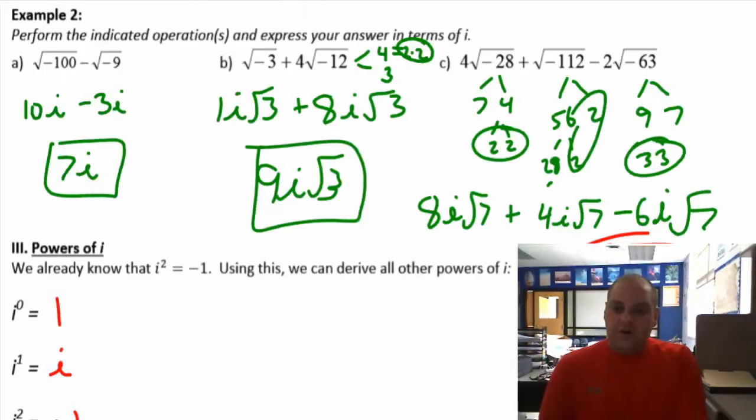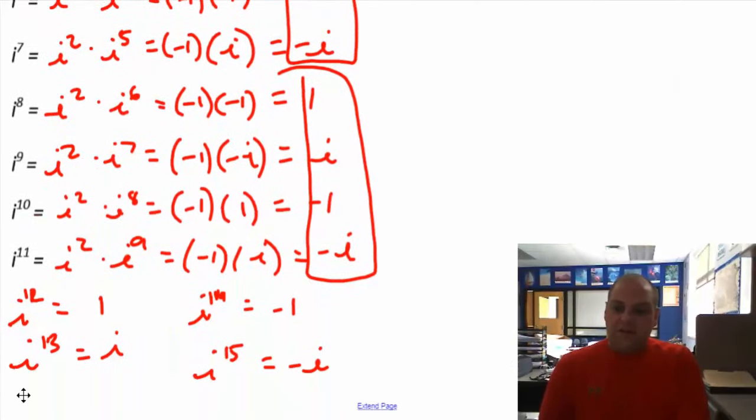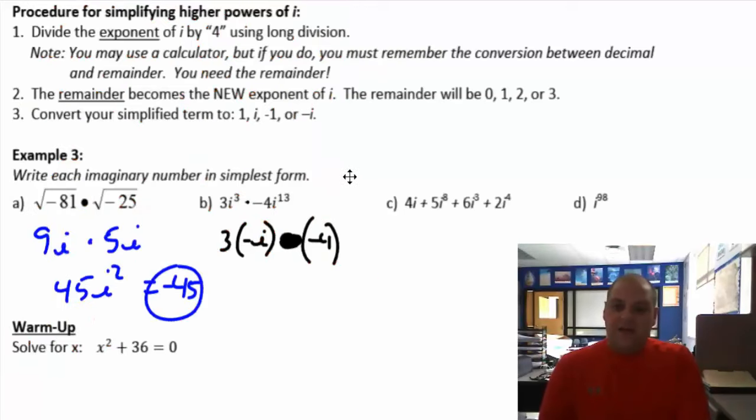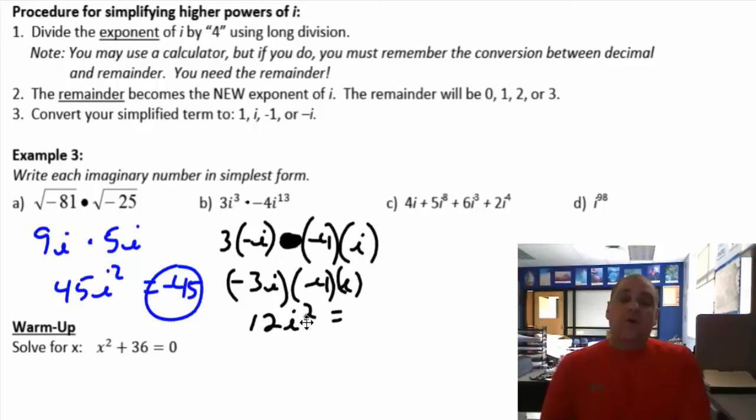What did we say i to the 13th was? i to the 13th is i, so we go times i. And this is negative 3i times negative 4i. So that's going to be 12i squared, but then i squared is negative 1. 12 times negative 1 is negative 12. So I get negative 12 there.